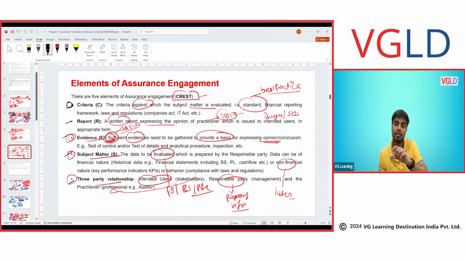The report is what the engineer will be issuing to the customer, so the report will be addressed to the customer here. Evidences are what the engineer obtains when he verifies all the things done by the builder in this case. Subject matter would be the building, of course, and then the three-party relationship. So these were the elements of the assurance engagement, which we discussed in the first class.